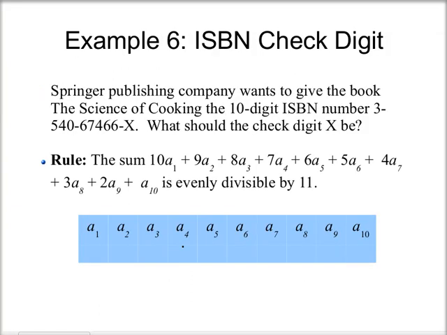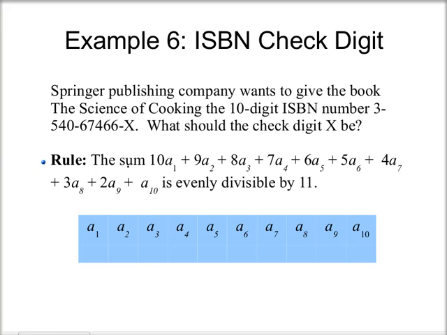So let's look at another example. Here we're going to come up with what a check digit should be for a book. Springer Publishing Company wants to give the book The Science of Cooking the 10-digit ISBN number 354067466X, where X is going to be our check digit, and we want to figure out what that check digit should be.